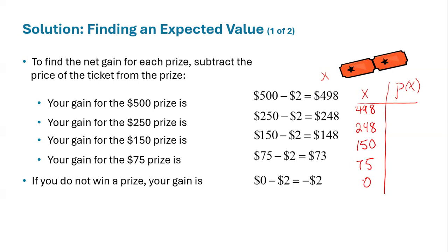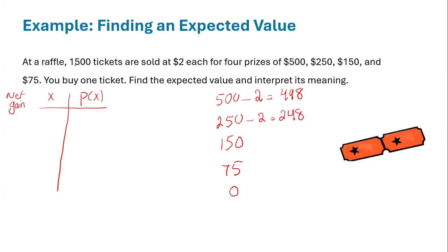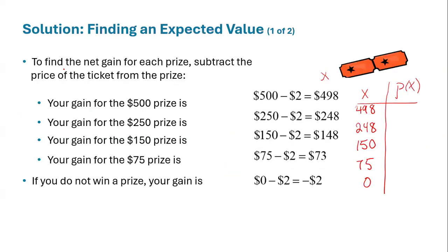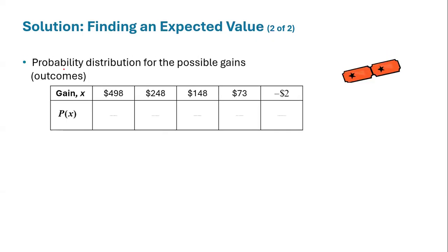The probability of winning each of these prizes depends on how many tickets we bought. We have only one ticket out of the 1,500 tickets that are sold. So the probability of winning each of these prizes is 1 over 1,500.